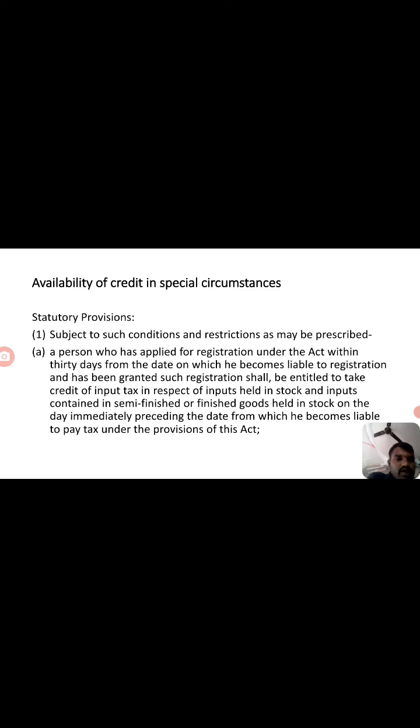Then he is entitled to take input tax credit in respect of inputs held in stock and inputs contained in semi-finished or finished goods held in stock on the day immediately preceding the date from which he becomes liable to pay tax under the provisions of this Act.